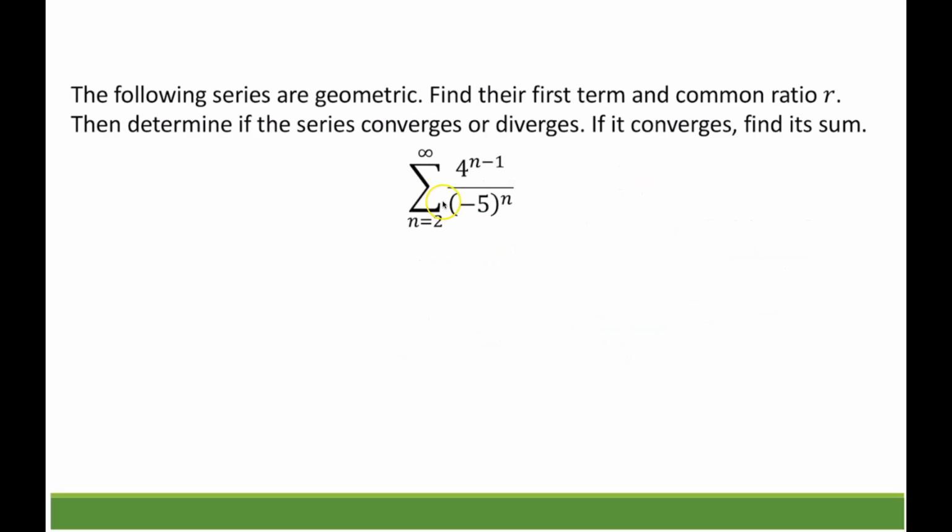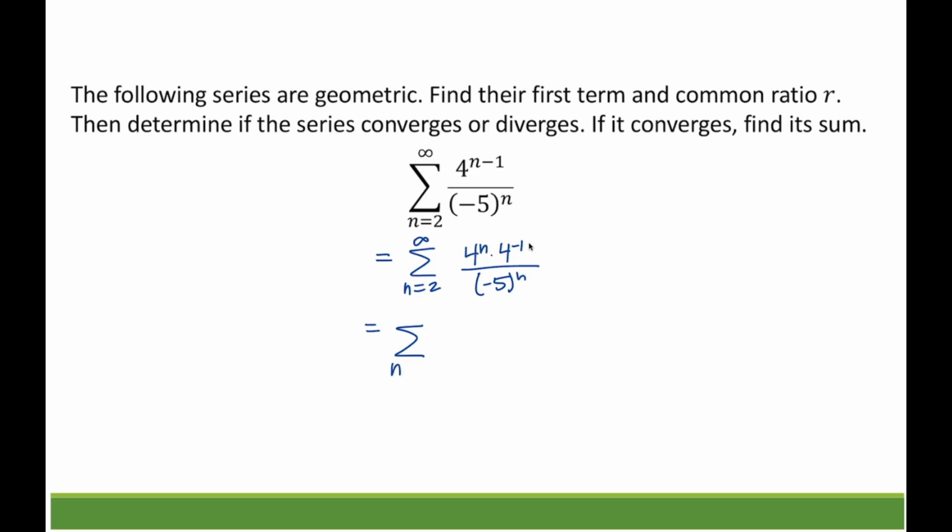Here we have the sum of n equals 2 to infinity of 4 to the n minus 1 over -5 to the n. So here I have the sum of n equals 2 to infinity of 4 to the n times 4 to the -1 over -5 to the n. Well, 4 to the -1 is 1/4.